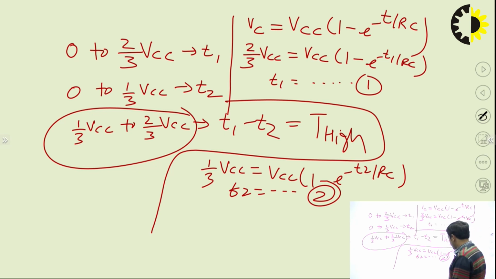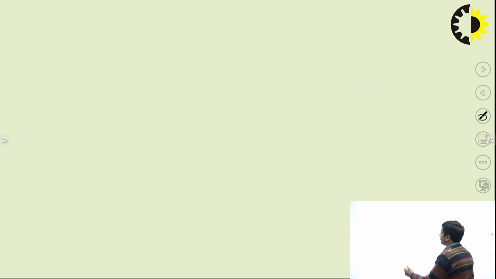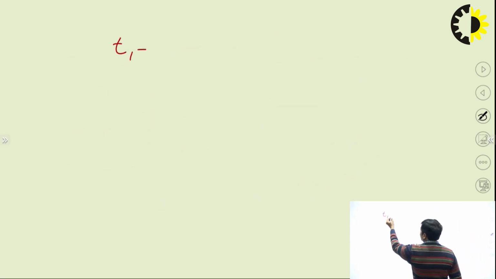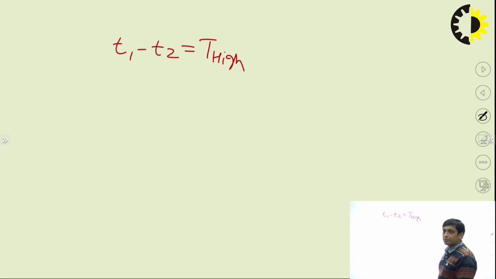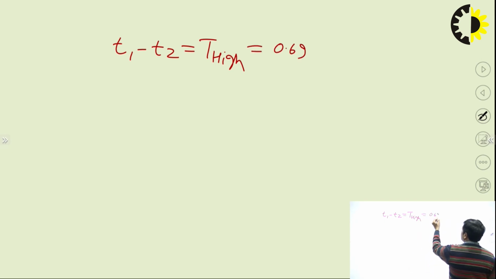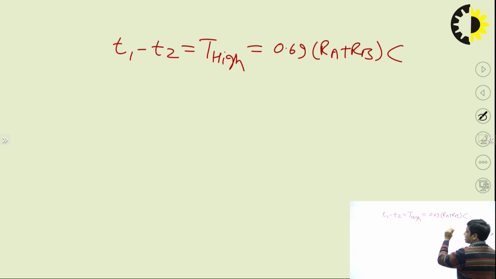So from equation number 1 and equation number 2, we can calculate the value of T1 minus T2, that is T high, the time during which the output is high. After calculation you will get 0.69 (RA plus RB) times C. Basically that R is equal to RA plus RB, because the capacitor is getting charged with the help of resistors RA and RB. So we have calculated the time T high.